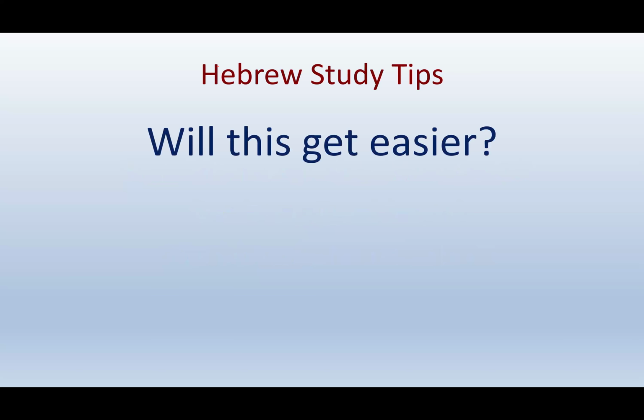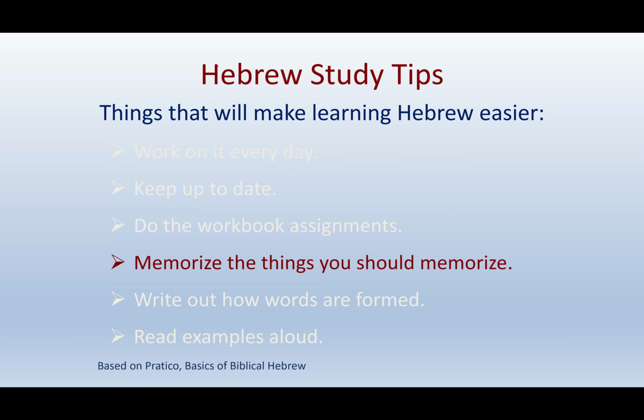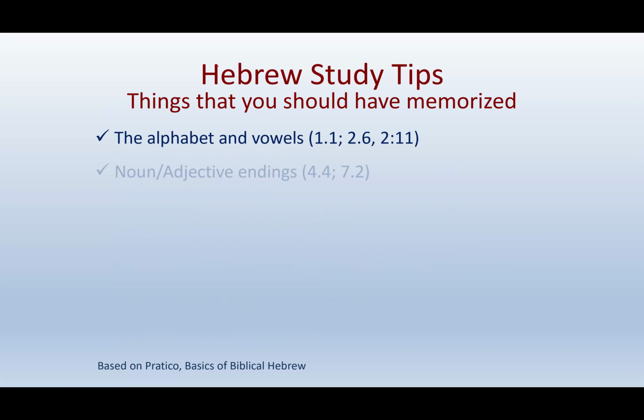So we'll look at a few Hebrew study tips. Will this get easier? Well, things that'll make learning Hebrew easier: work on it every day, keep up to date, do the workbook assignments, memorize the things you should memorize, such as the alphabet and the vowels, noun and adjective endings.